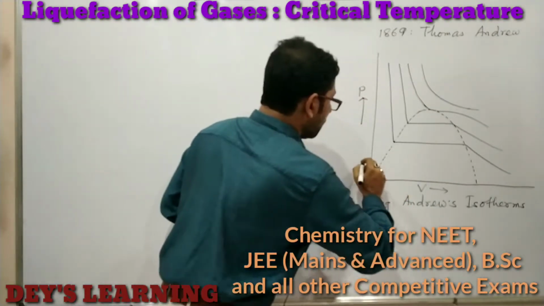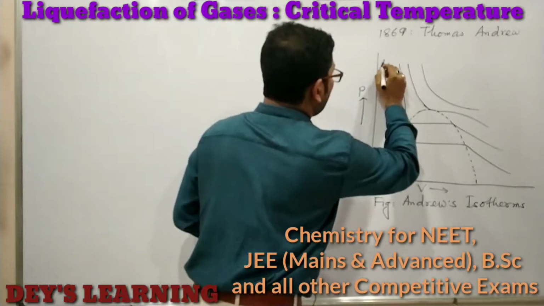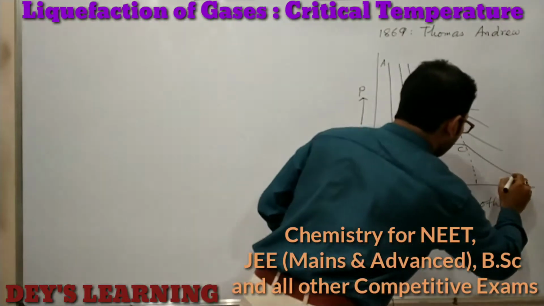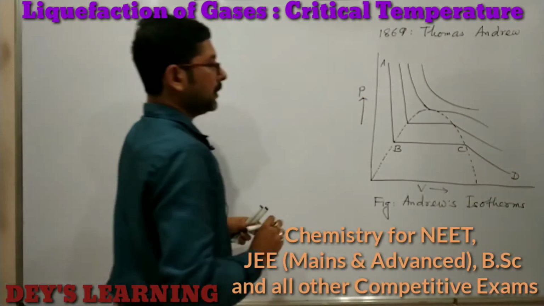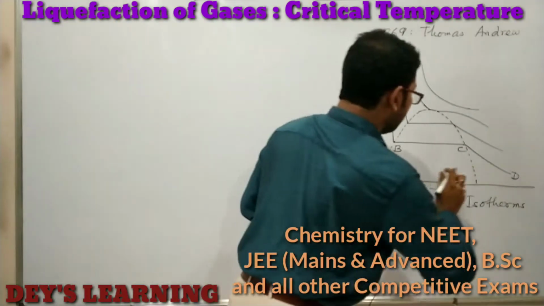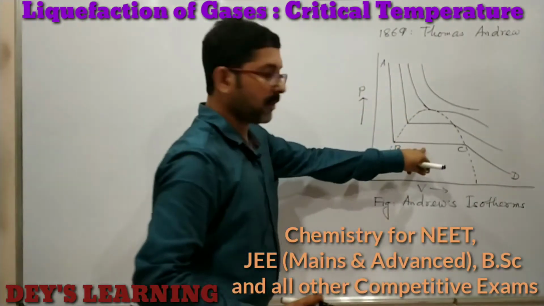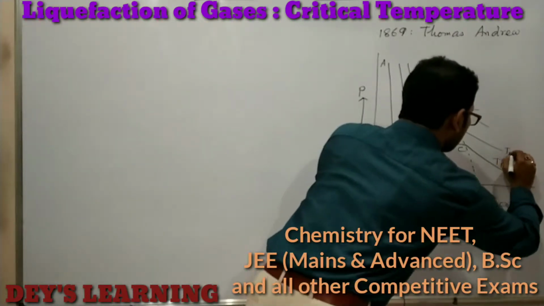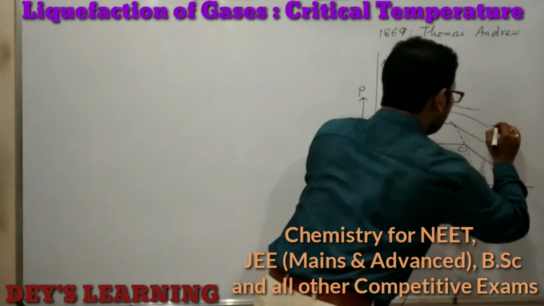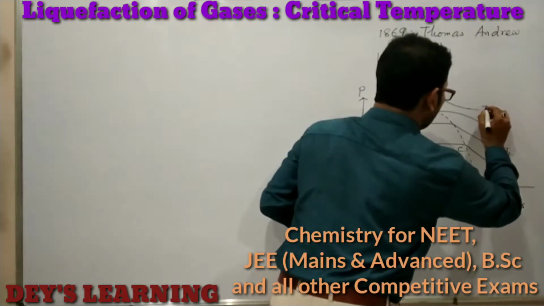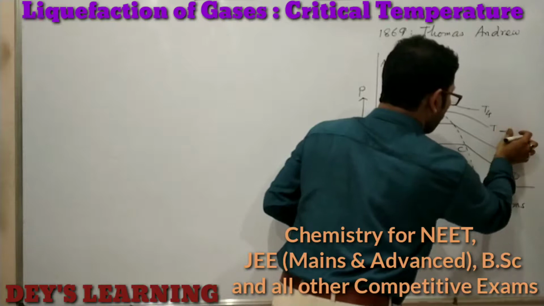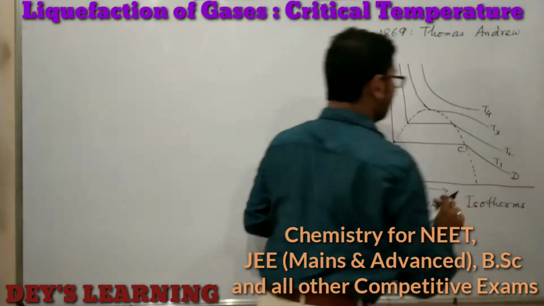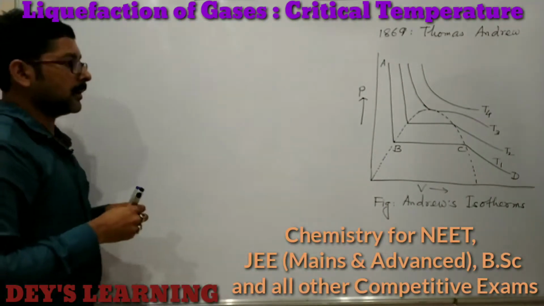Now, say this is our point A, this is our point B, this is our point C, and this is our point D. Now, say this isotherm is for temperature T1, this is for T2, this is for T3, and this is for T4. This one is actually Tc.